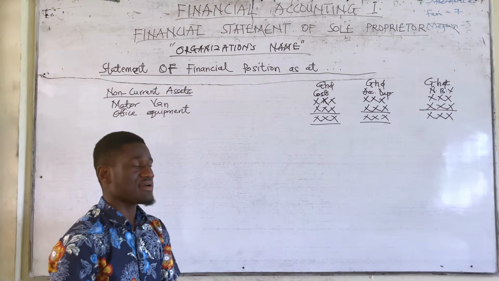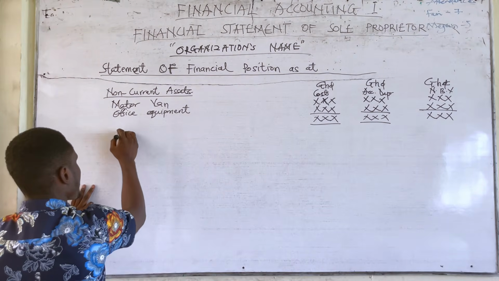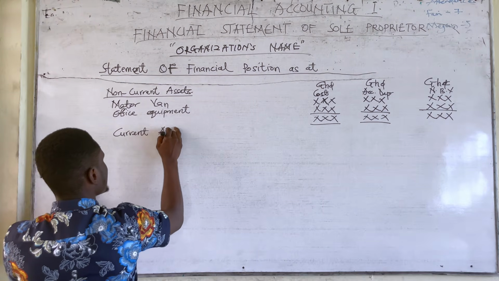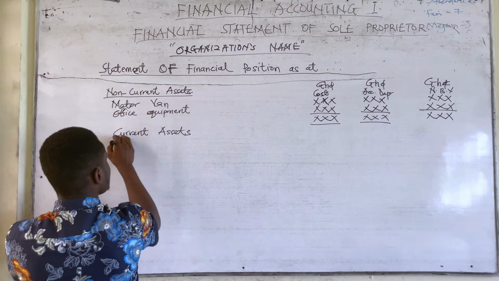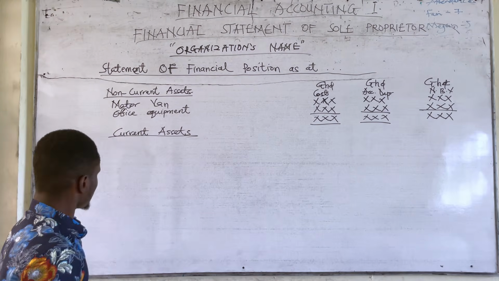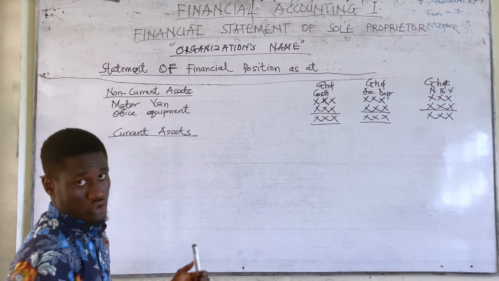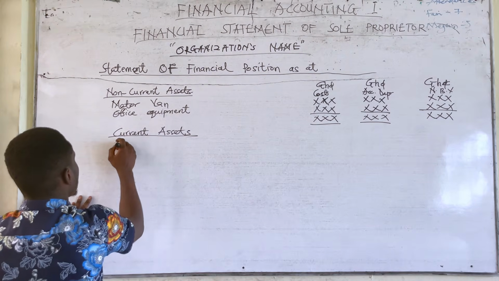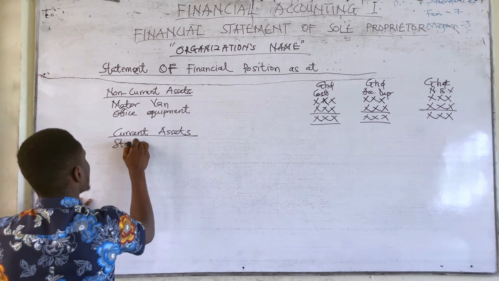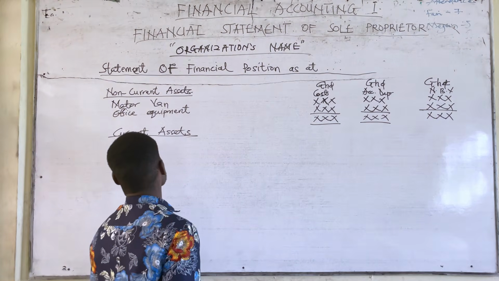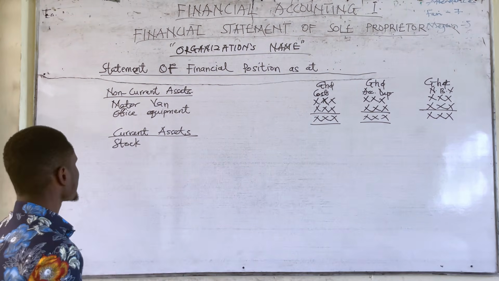Then you come to your current assets. With the current assets, you start with stock, as the normal way of doing it, based on liquidity.